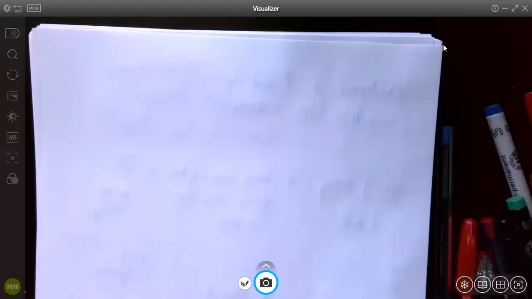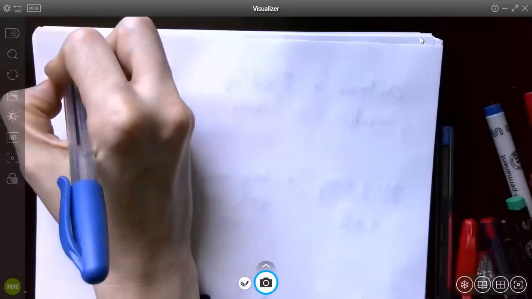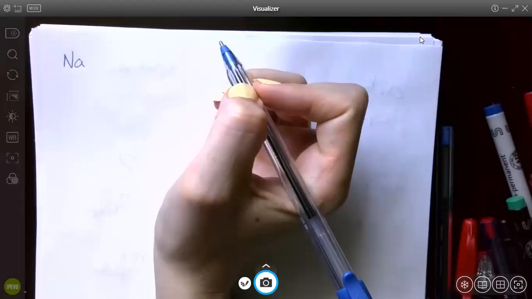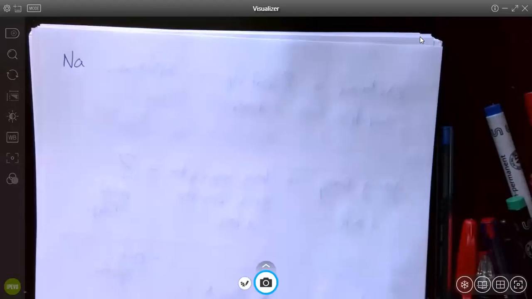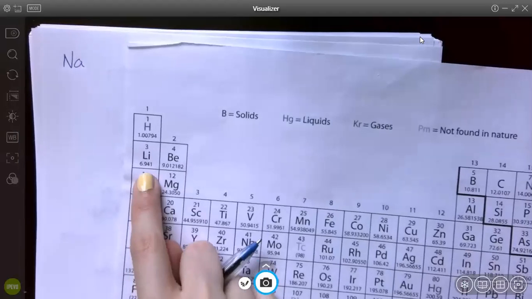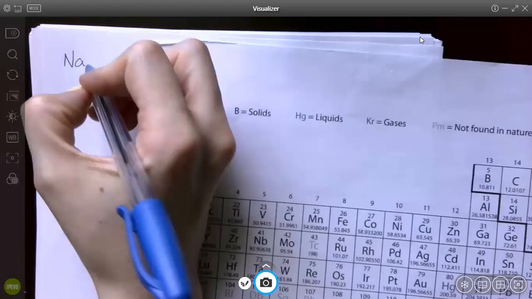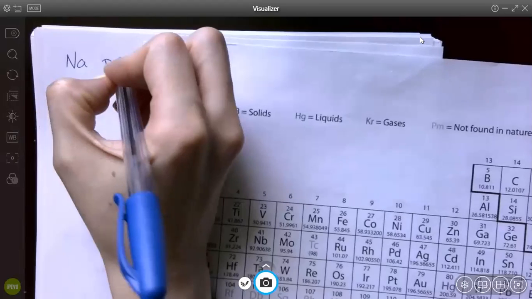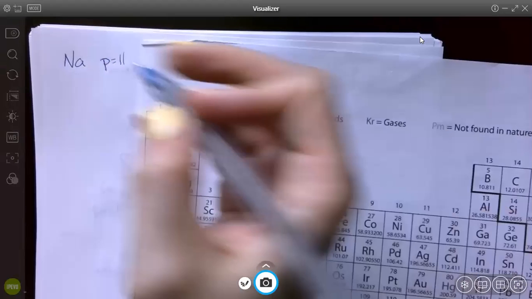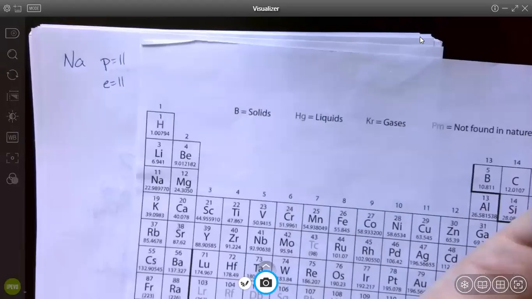Okay, so for our first example here, I am going to draw the Bohr-Rutherford diagram for sodium, which is Na. Now, if you look at sodium on the periodic table, it's right here. So it has an atomic number of 11, which means it has 11 protons. That also means it has 11 electrons.